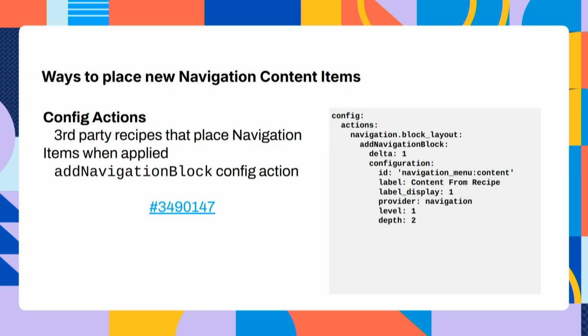So any recipe, either in Drupal CMS or in any recipe that you use in the future, can use that add navigation config action, where you can define the blocks that you want to automatically add to the content region, defining the delta, that is the position, and the configuration. So it's that menu in the example will add the content menu with that content from recipe, label, etc. But yeah, this will make it work under the hood.